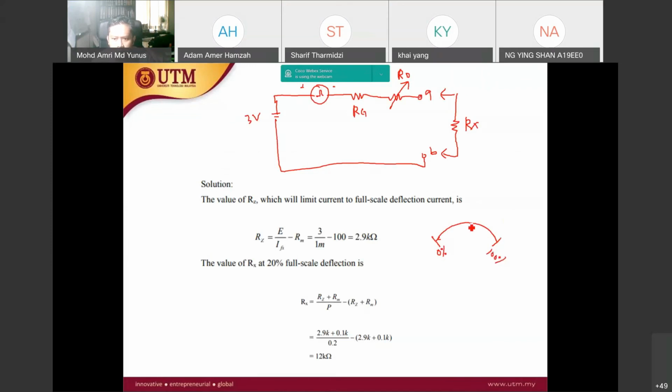This is basically deflection 50%. This is roughly 20, 40, 20 maybe here, 40 maybe here. This is 20%, 40%, and 75%.